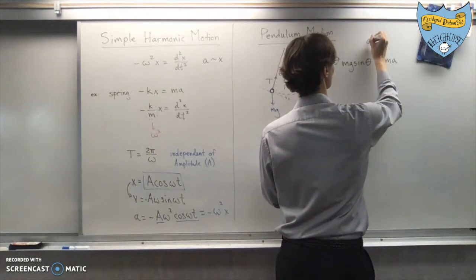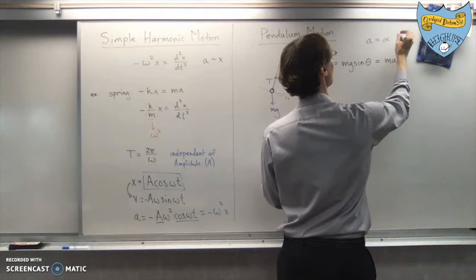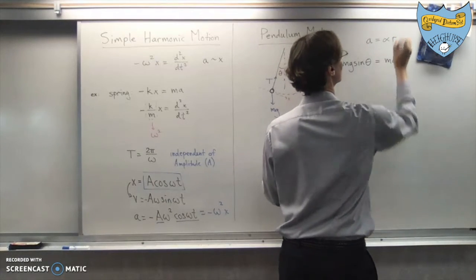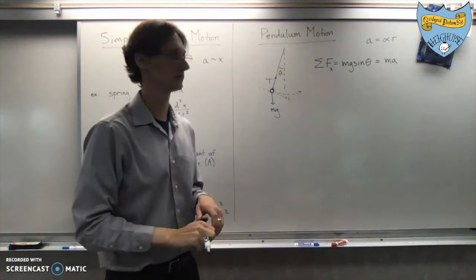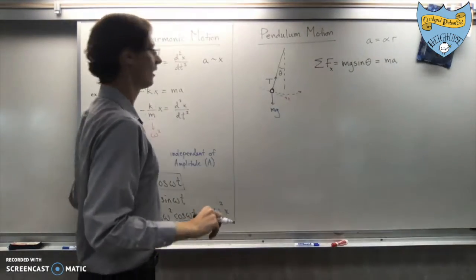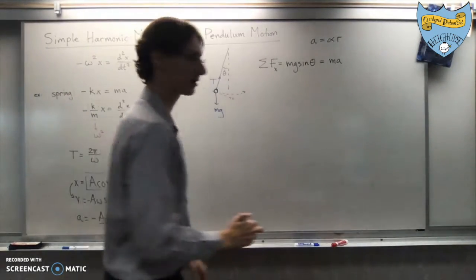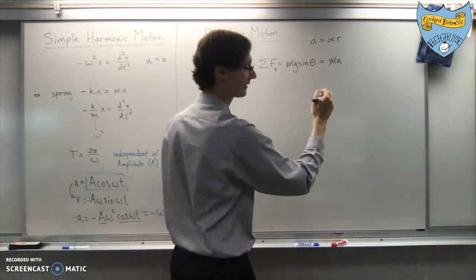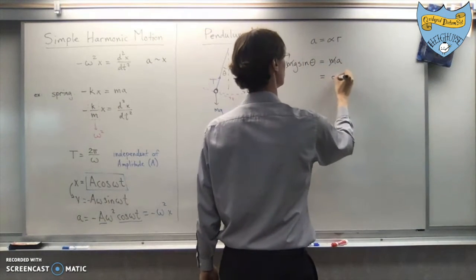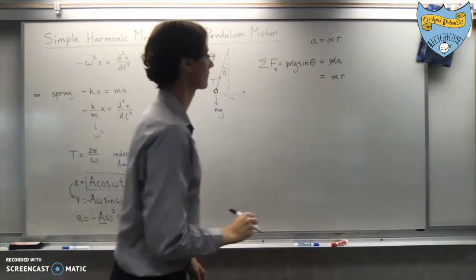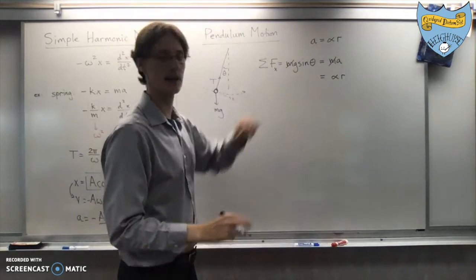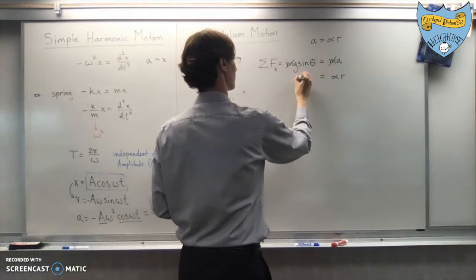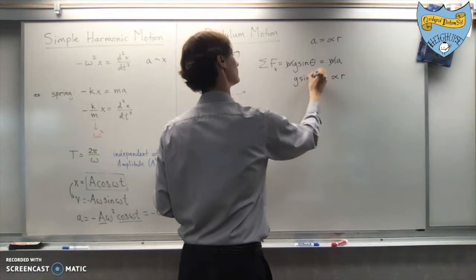Also, going way back, a is alpha r from the rotation unit. So if a is alpha r, I can sub that in. Notice the mass cancels out. We'll talk about that more later. And then we have just g sine theta left on the left side here.